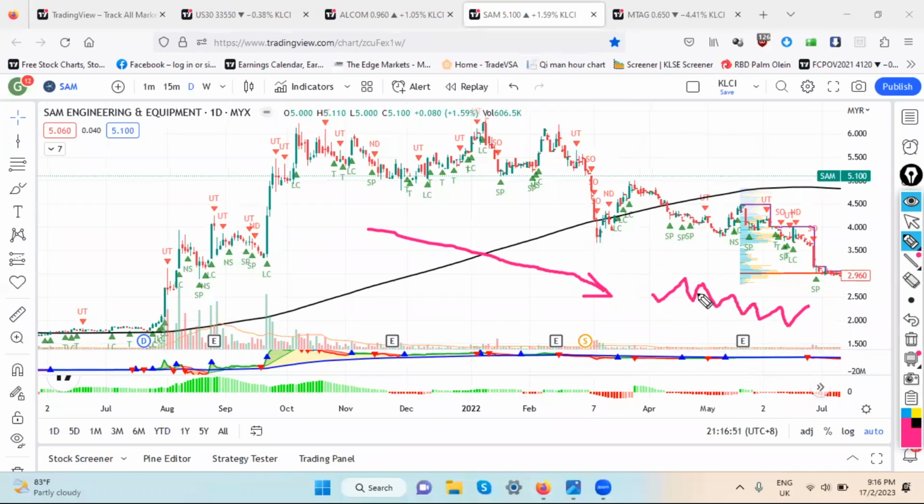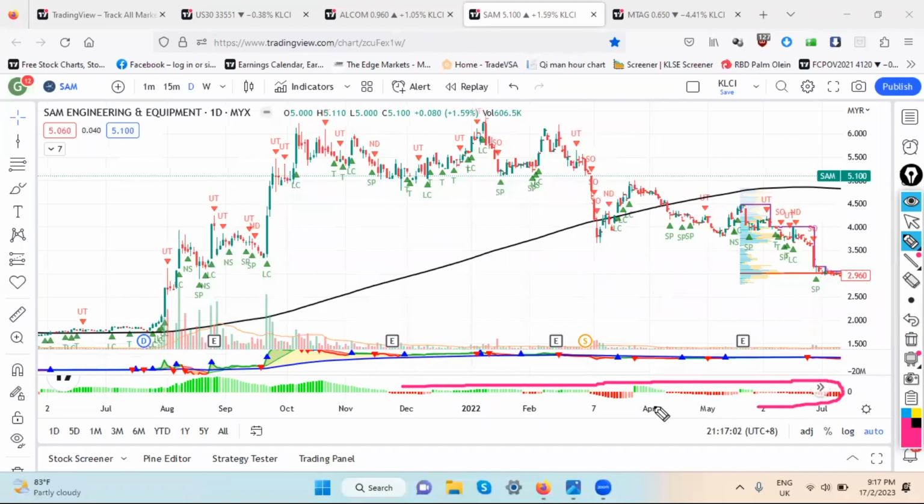So every rebound will become your trap. When you buy in the rebound, suddenly you are trapped here, and it goes down even further. That's why when you see the bars getting thinner, you don't choose this type of stock, because it is not really good for trading.